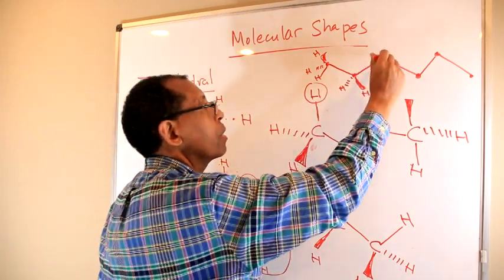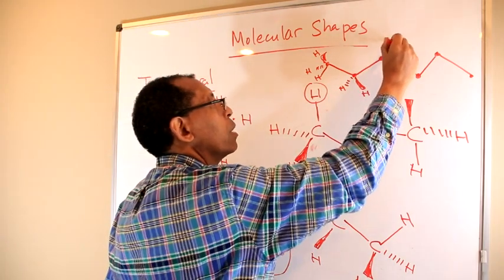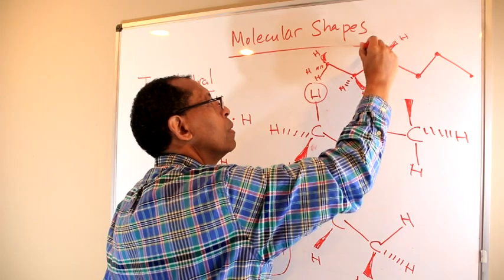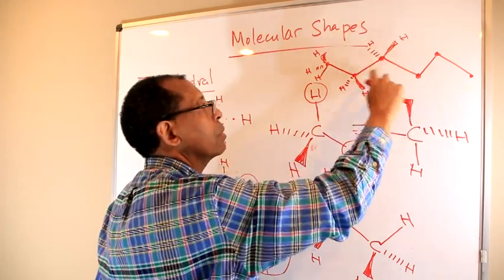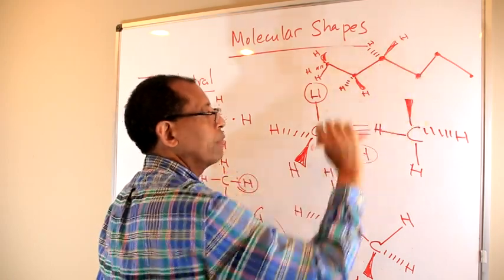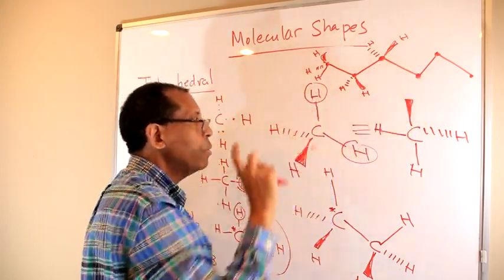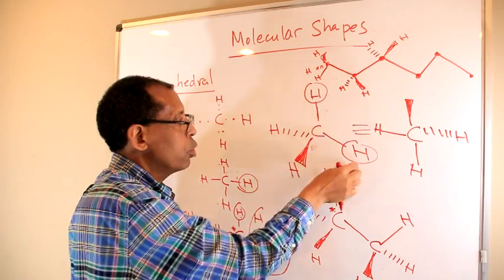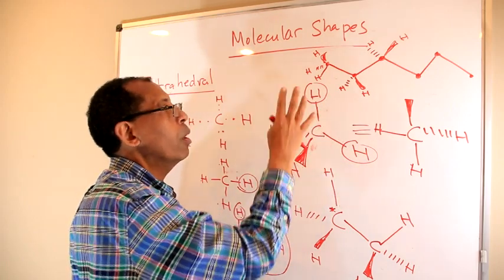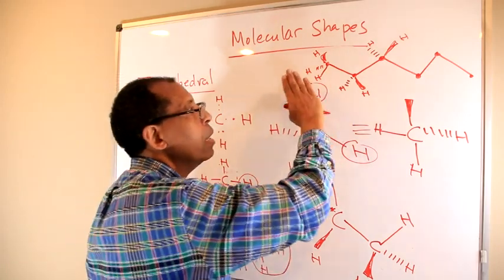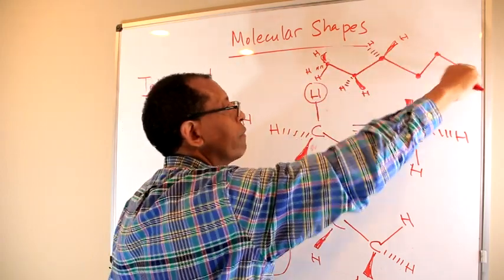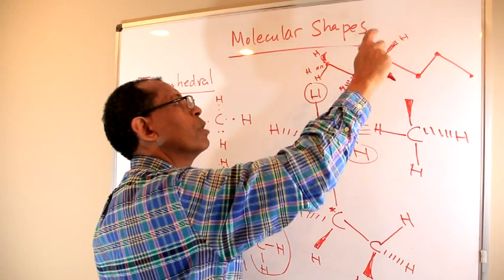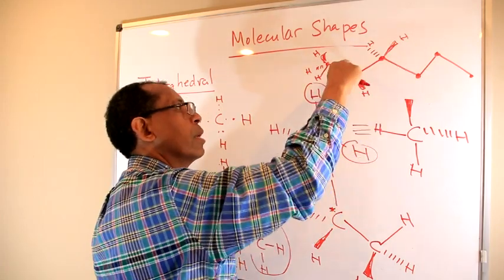For example, here the hydrogen is sticking out, another hydrogen going in, but the 2 carbons are on the plane of the board. You remember, 2 of the substituents on carbon should be on the plane of the board. So we made the skeleton, the sticks, on the surface of the board, and the hydrogens coming in, coming down.